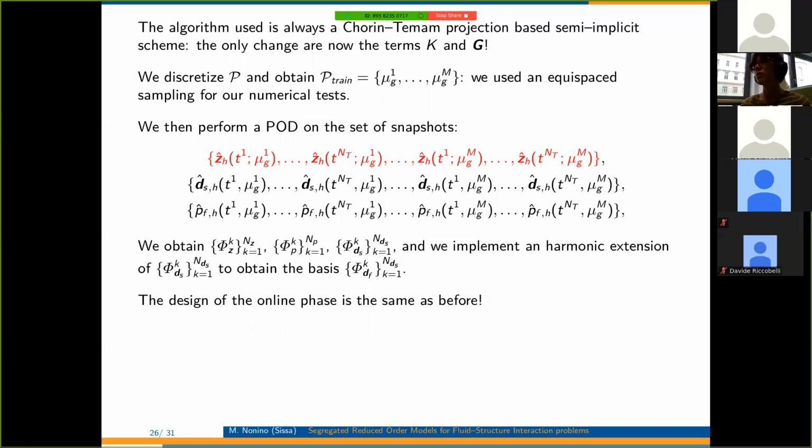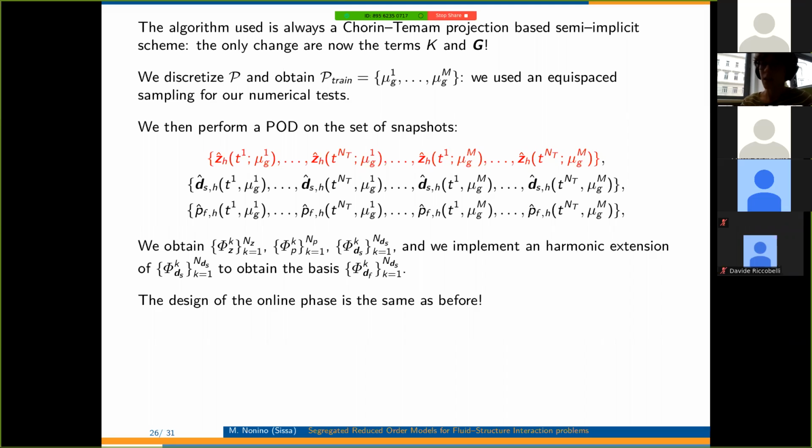You can use any discretization that you want, but for our test case, we used an equispaced sampling for the numerical tests. And then for each value of the parameter in the training set, we compute the corresponding finite element solution. So we end up with this set of snapshots. And we then perform a proper orthogonal decomposition on this set of snapshots.